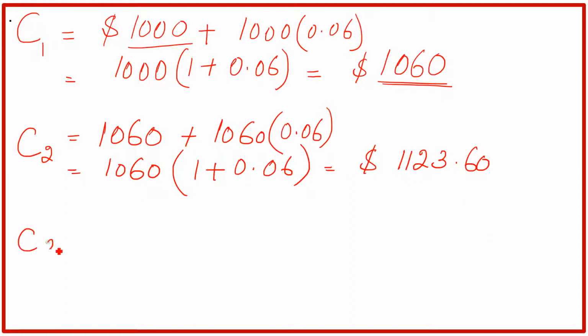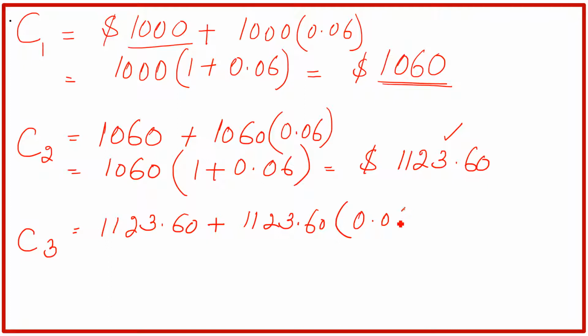So for the third year, you will get 6% on this amount. In this amount, our original principal amount and the interest of the last 2 years is included. So 1123.60, this time you will get 6% interest on this.